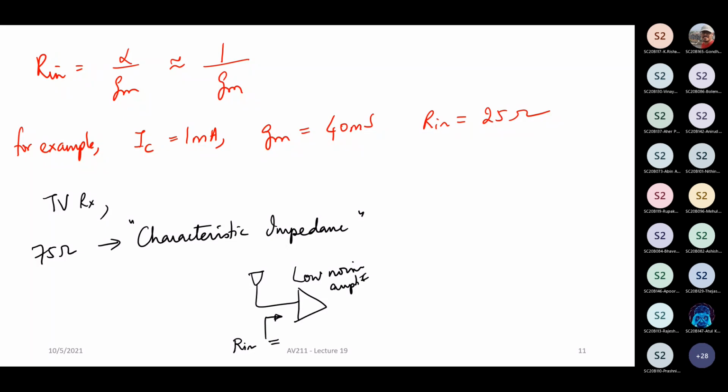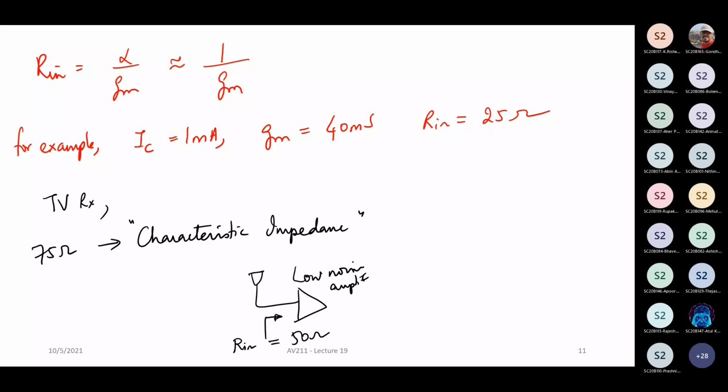For your mobile communication, Wi-Fi and all that, it is actually equal to 50 ohm. So people make use of a topology like this, a common base amplifier or a common gate amplifier, to give you that low input impedance such that you are able to receive those signals properly.